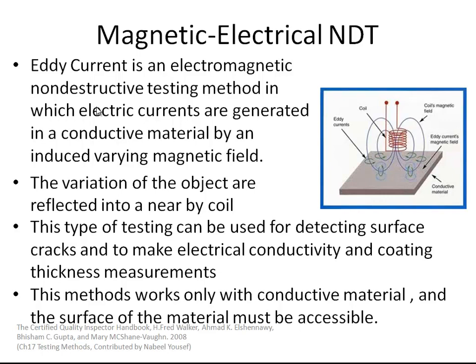The variation of the object is reflected into a nearby coil, and in this type of testing you can use it for detecting surface cracks and making electrical conductivity and coating thickness measurements. This method works only with conductive material, and the surface of the material must be accessible.